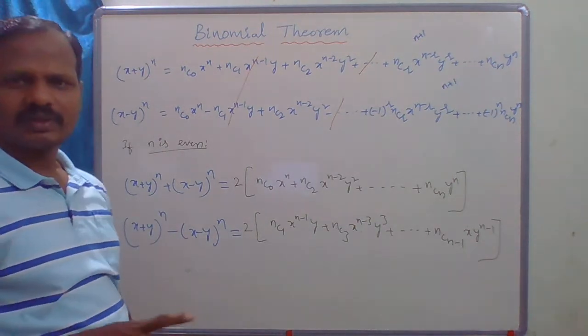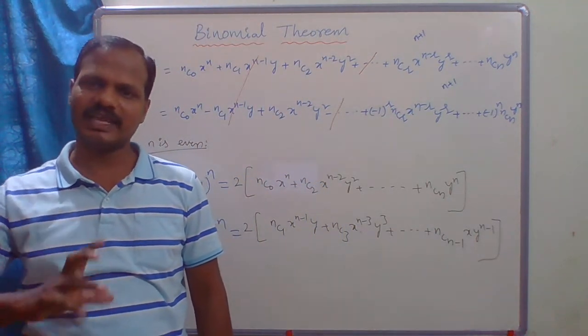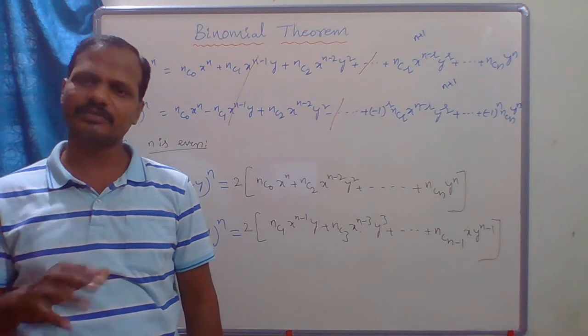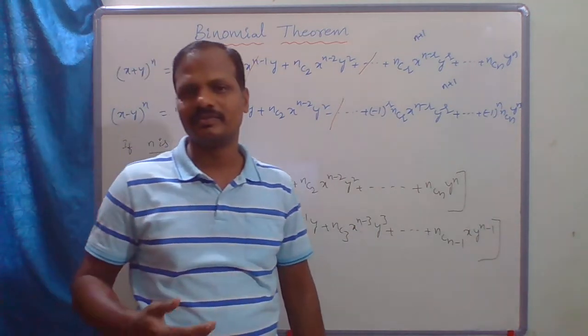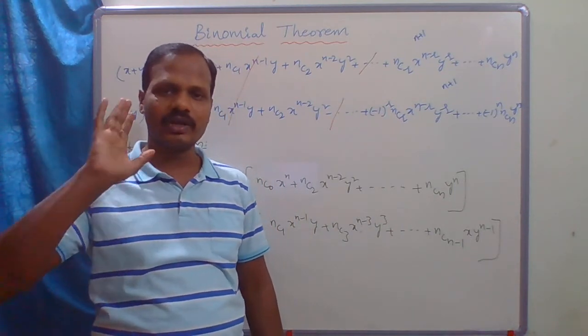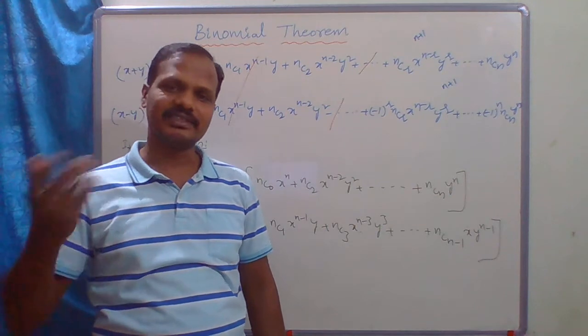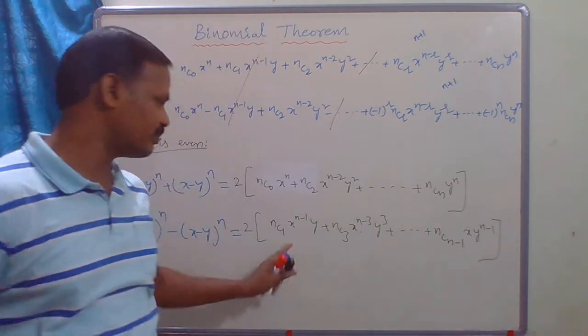So when we are adding the terms (x + y)^n and (x − y)^n, what will happen? The even terms will be cancelled, only odd terms will be there. While subtracting, odd terms will be cancelled, only even terms will be there.